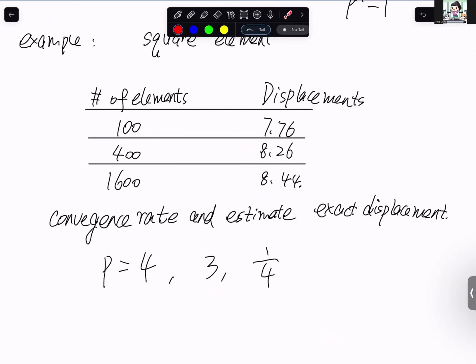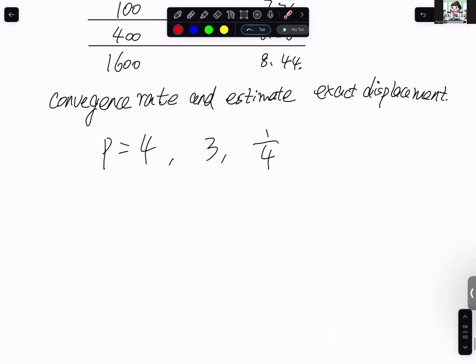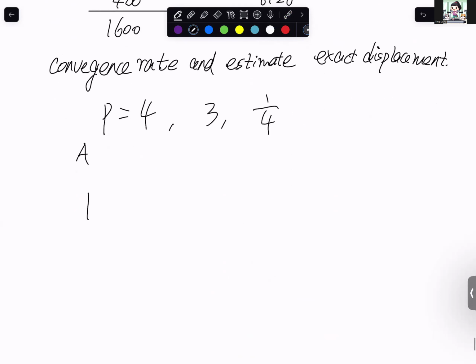Your explanation part is correct, but let's calculate in this way. Yes, we are modeling the same structure, right? So for the plane stress, the same structure should have the same total area. Make sense or not? Let's assume that the total area of the structure is A. Now we know that the definition of the P is, when we're refining, H2 over H1.